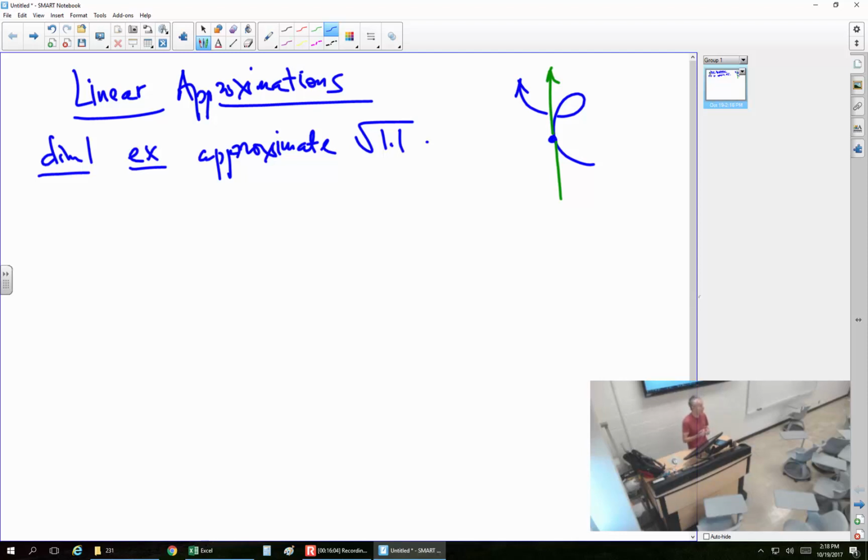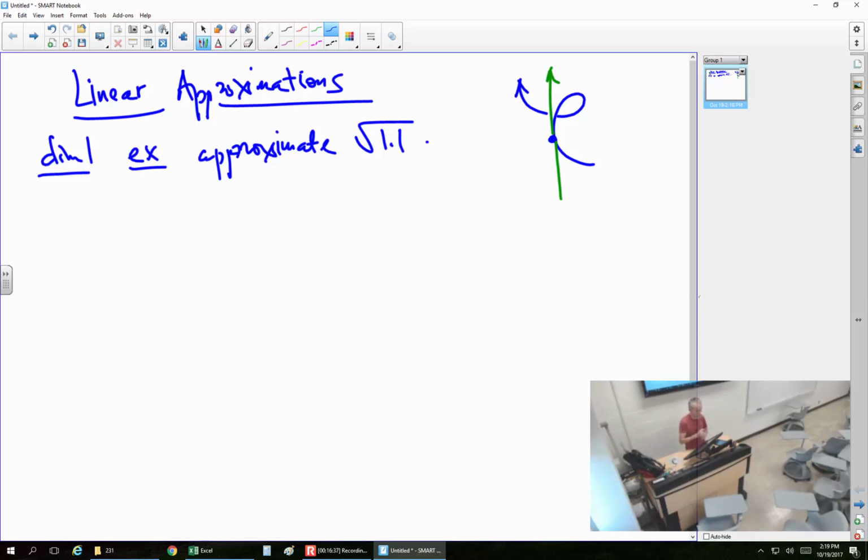Or you can think about it as devising a calculator that would compute the square root of 1.1, or in general square roots. Computers are built in such a way that they can only carry out very simple basic operations such as addition, and everything else is built on top of it, and not easily. So if we want to teach the computer to do more complex computations such as square root, we do linear approximations. That's what's inside the calculator.